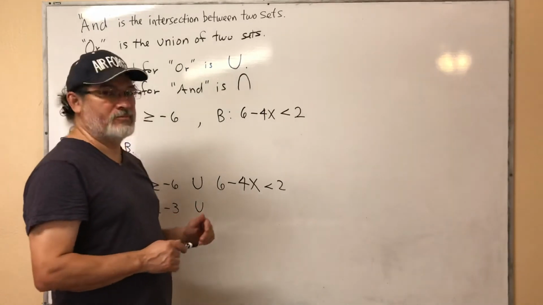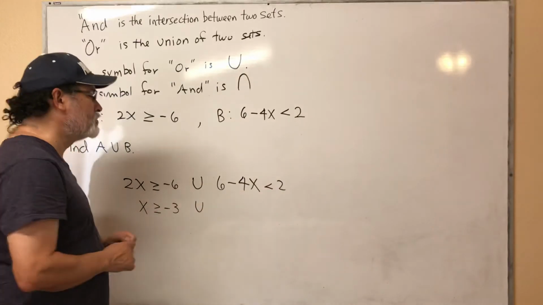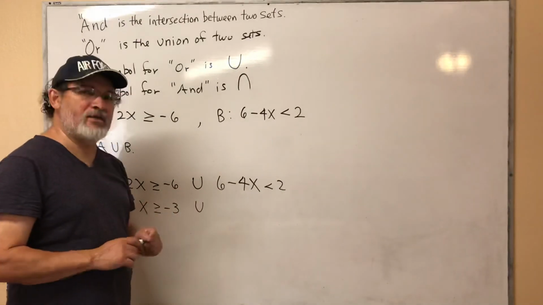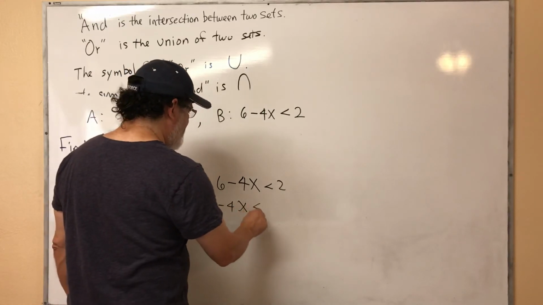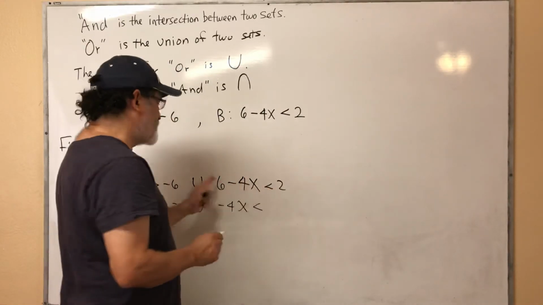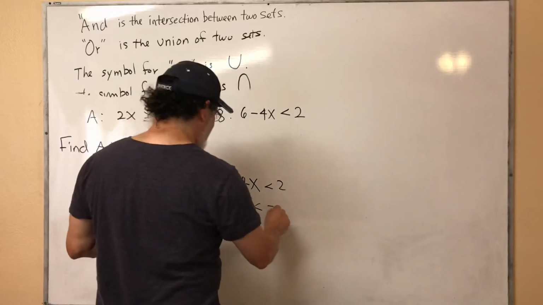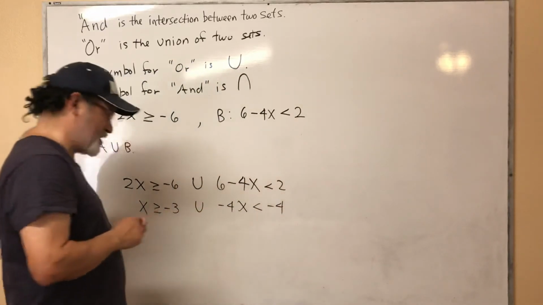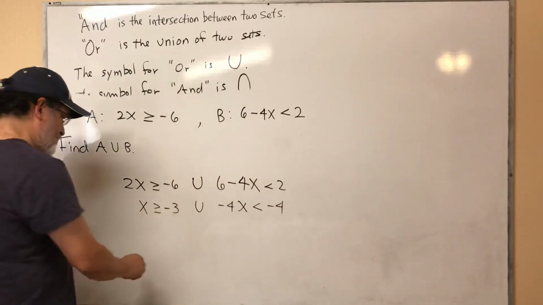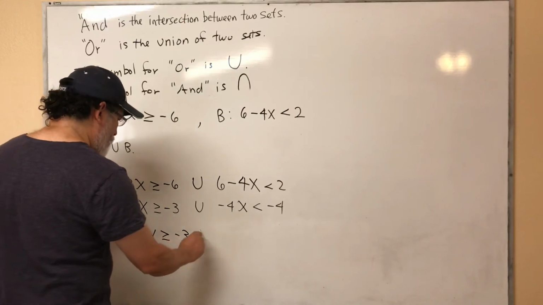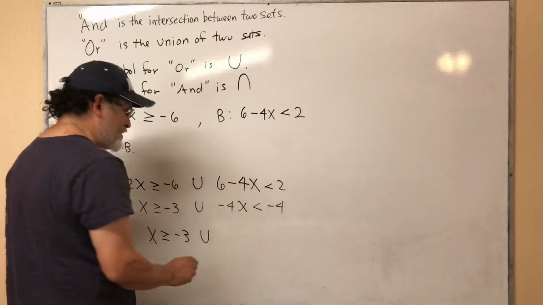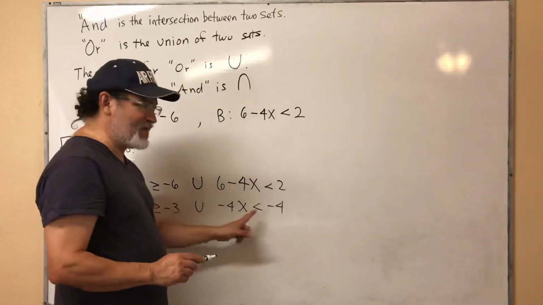Simplify B. No problem. Subtract 6 from both sides. -4x less than, what is 2 minus 6? -4. Not done. So here x is greater than or equal to -3, or I'm going to divide both sides by -4.